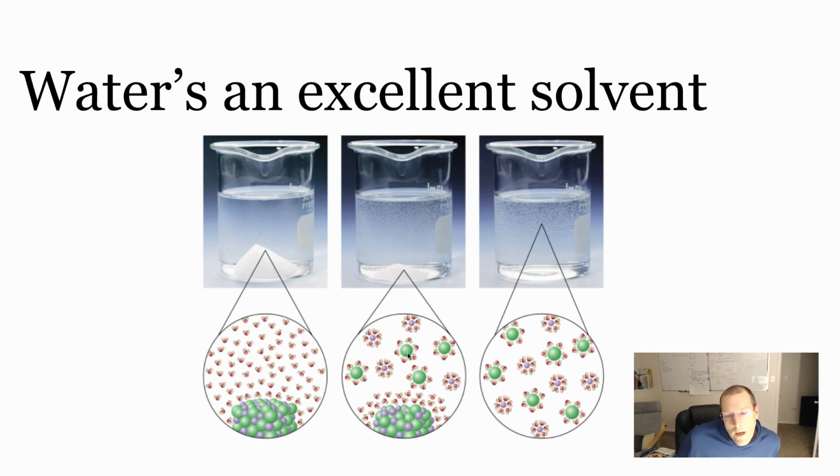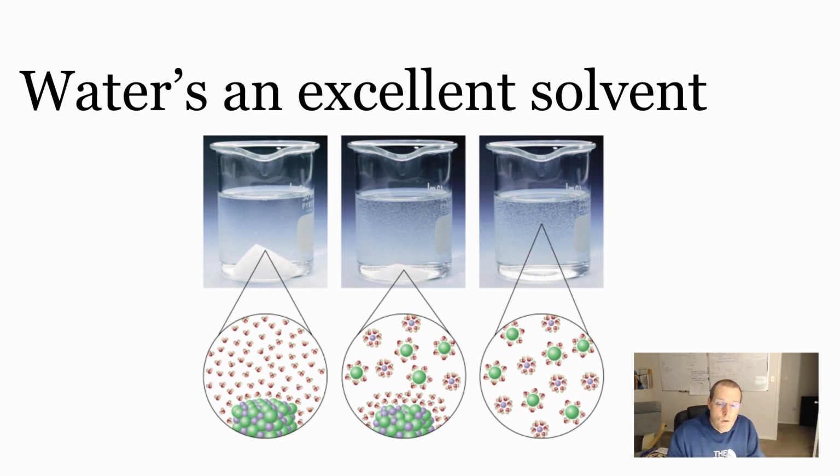The green dot here is a chlorine ion. And so you can see that the water molecules around it are all surrounding the chlorine by pointing their slightly positively charged hydrogens towards the negatively charged chlorine. That is dissolving something. When it's surrounded by water molecules, it's dissolved.